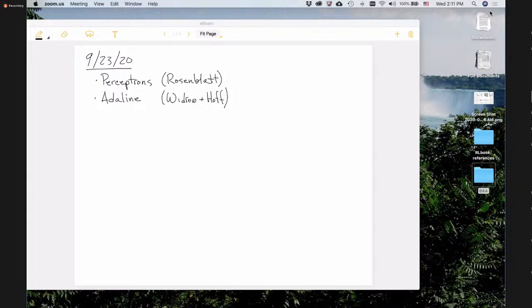All right. Well, these two models, the perceptron and Adeline, as I mentioned, are among the two oldest artificial neural networks. They're certainly the oldest that we will be studying. The first one, I think I mentioned last time, due to Frank Rosenblatt, was the result of him attempting to model the retina in the eye.